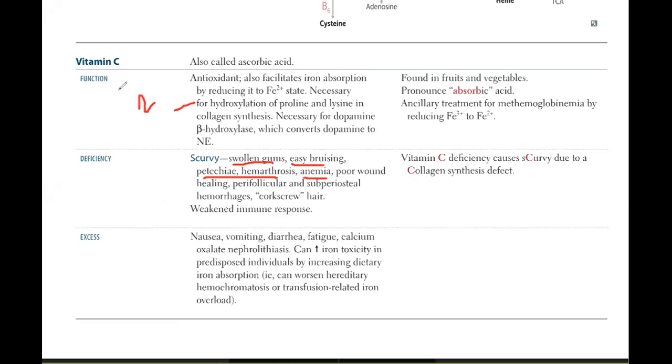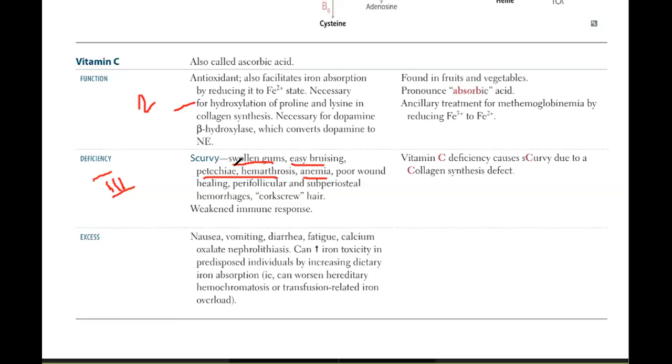You are leading to a deficiency of collagen type 3, and you will see swollen gums, easy bruising, petechiae, and hemarthrosis, which means there will be blood in your joints, in your synovial cavity.